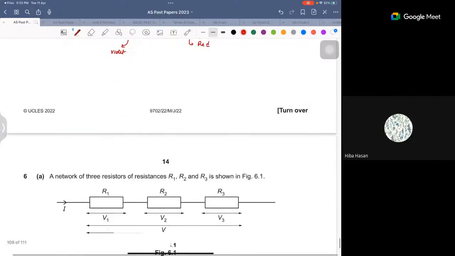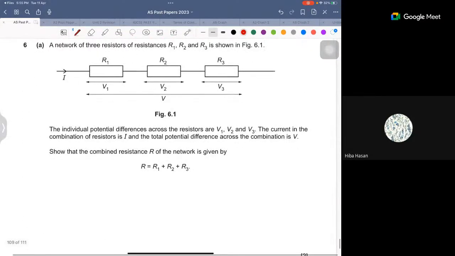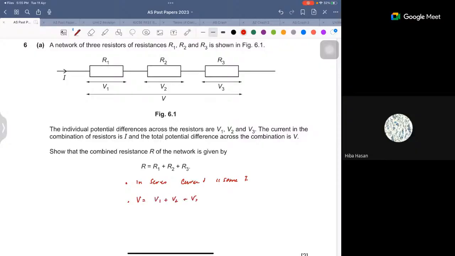Okay, then going to the next one, electricity. It says show that the combined resistance of the network is given by the sum. Very easy. In series, I would write: current is the same. So the voltage V will be equal to V1 plus V2 plus V3.